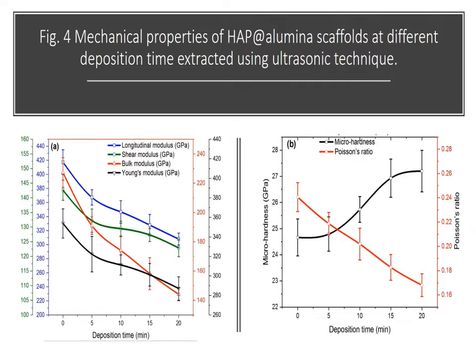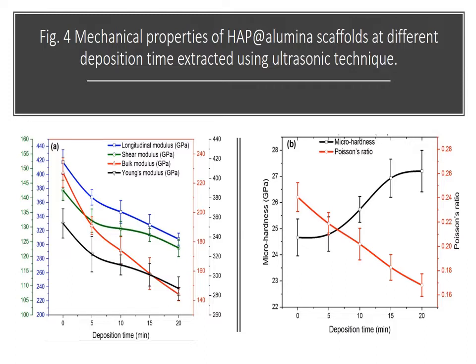The figure here shows the mechanical properties of hydroxyapatite on alumina scaffold at different deposition times, extracted using the ultrasonic technique. As you see here, the ability of the scaffold to sustain various mechanical stresses may estimate its performance for different applications. In the figure, the dependence of the mechanical properties of the obtained scaffold upon the variation of deposition time is shown.